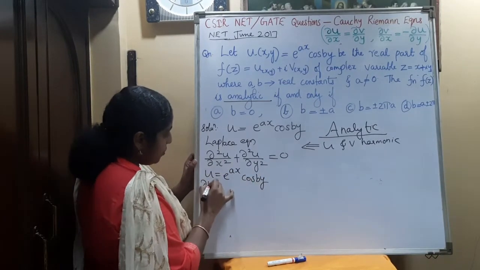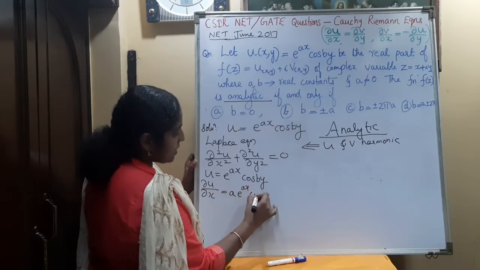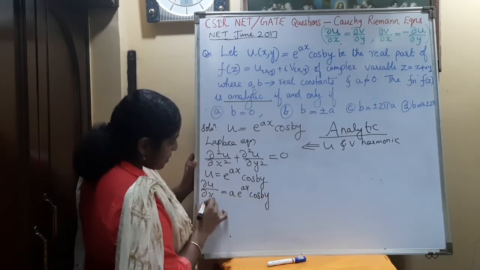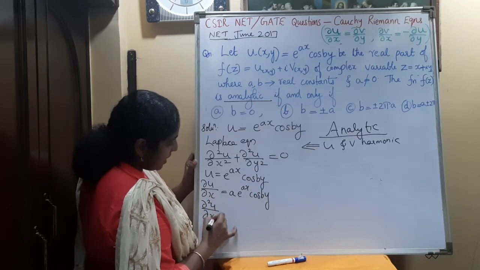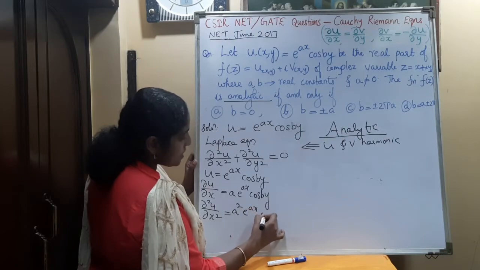So what will be ∂u/∂x? ∂u/∂x is equal to a e raised to ax cos by, and ∂²u/∂x² is a square e raised to ax cos by.